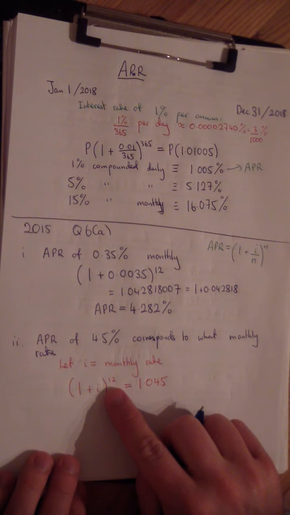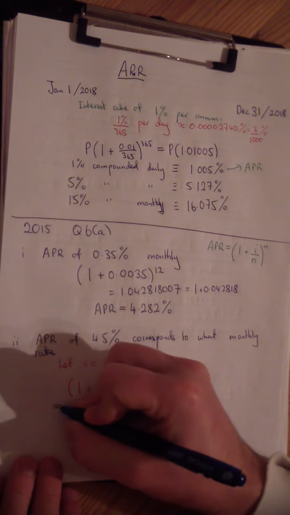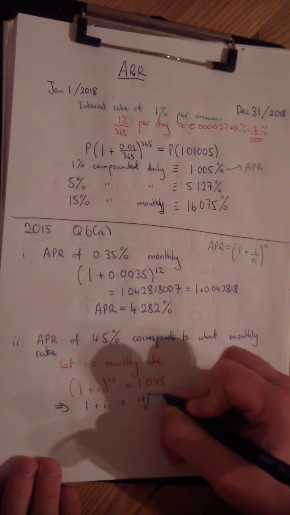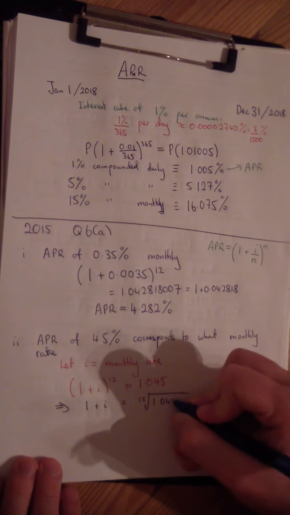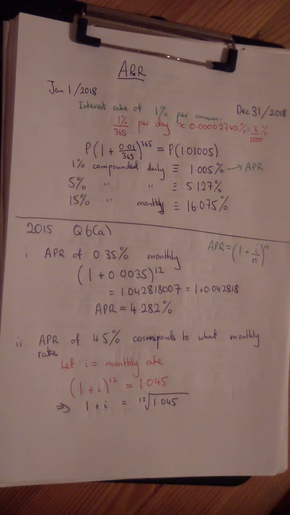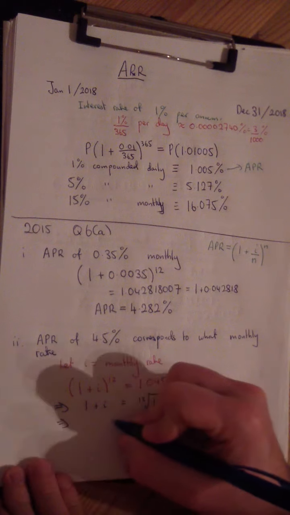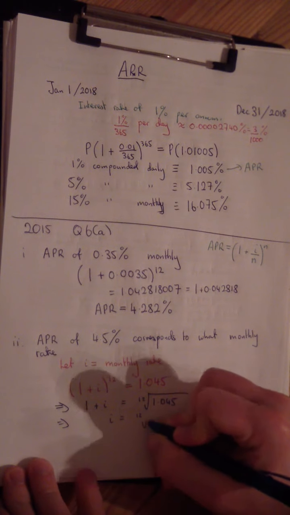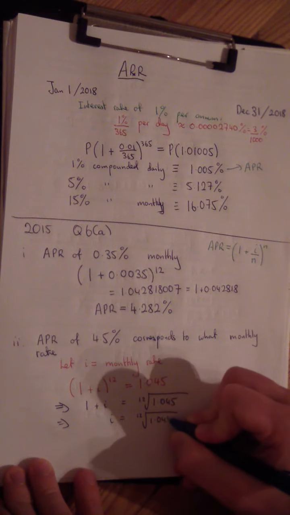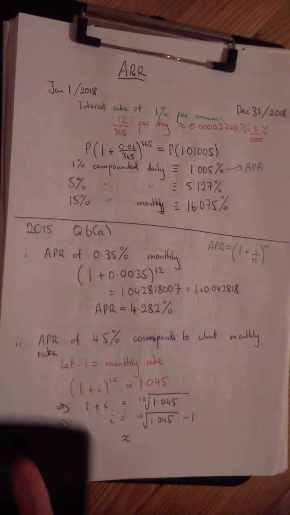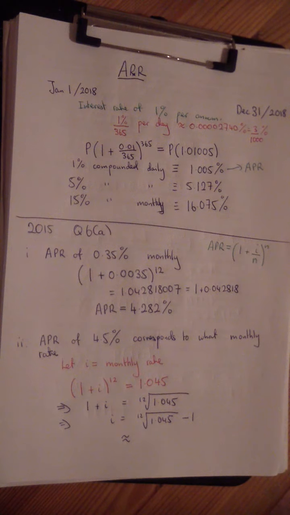The inverse of the power of 12 is the 12th root. So we have 1 plus the interest is the 12th root of 1.045. And now you want to get I on its own, take away that 1. Get an exact answer of the 12th root of 1.045, take away 1, and sure we'll approximate to 4 significant figures using the calculator.